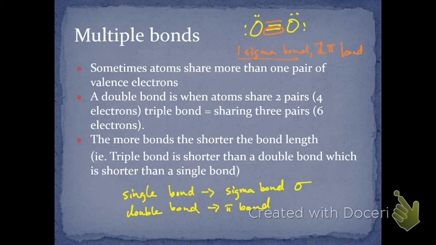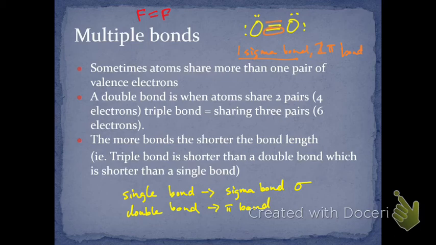So a sigma bond is the first bond. In our fluorine example, we had a single bond. So there's one sigma bond, zero pi bonds. But as we add more bonds, then you now have one sigma bond, and then you have a pi bond, and so on.